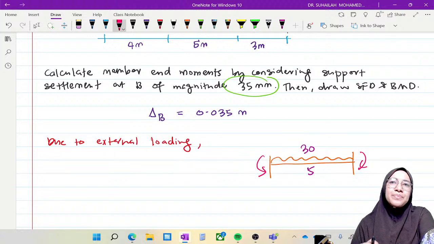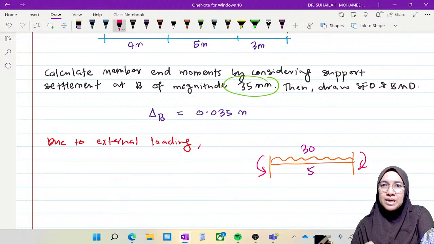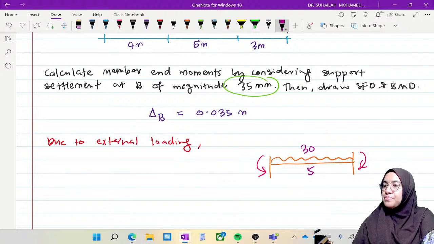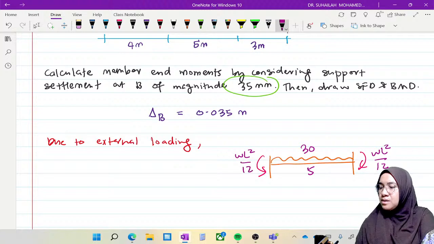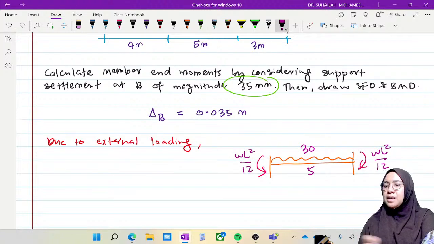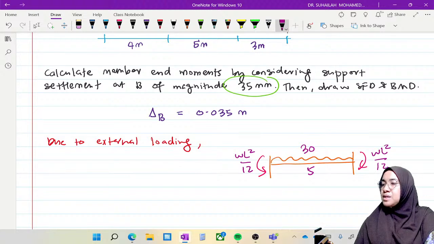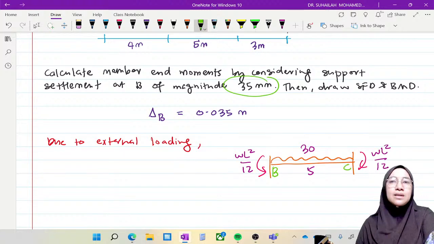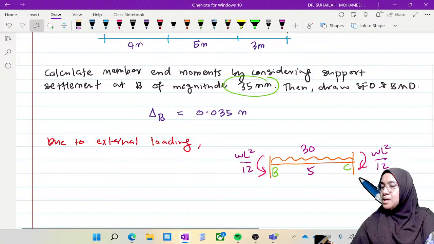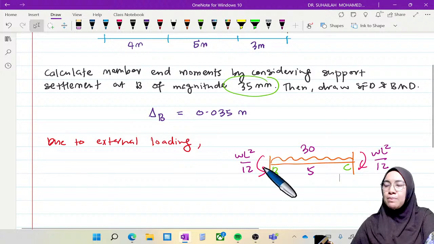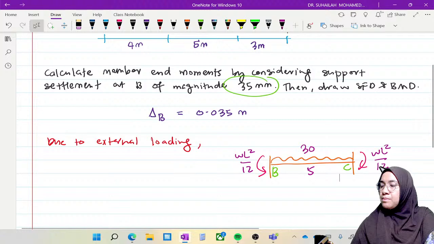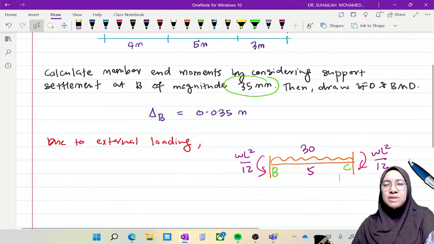The formula is WL squared over 12, for both ends, because the UDL is applied along the member.